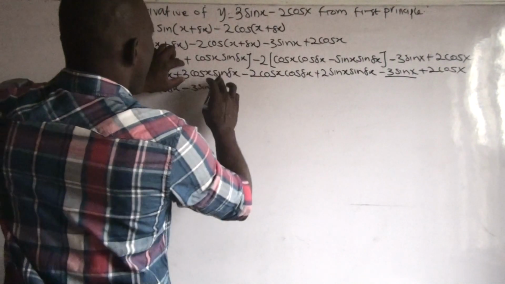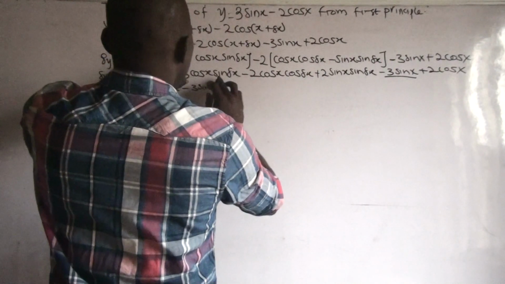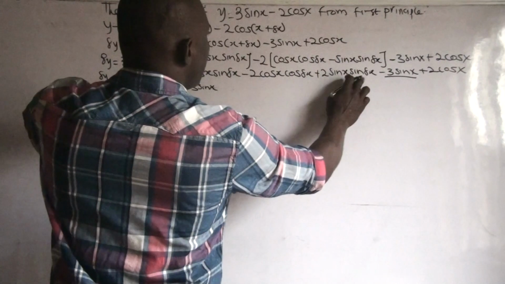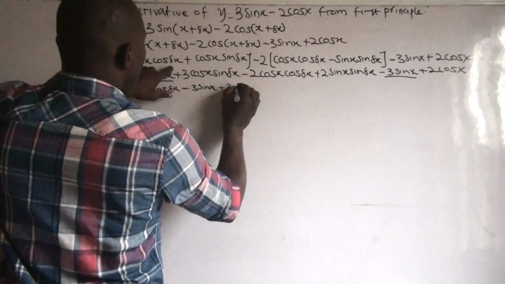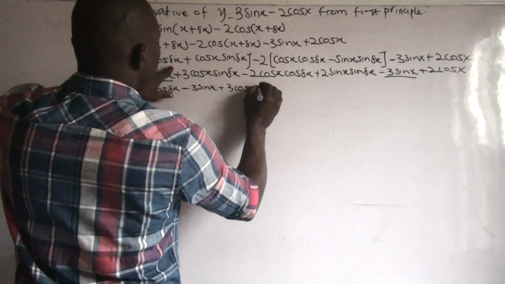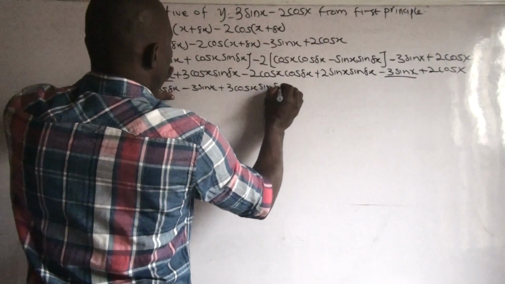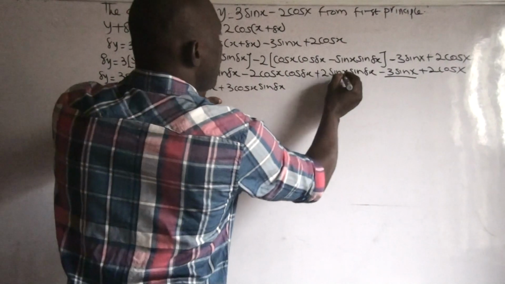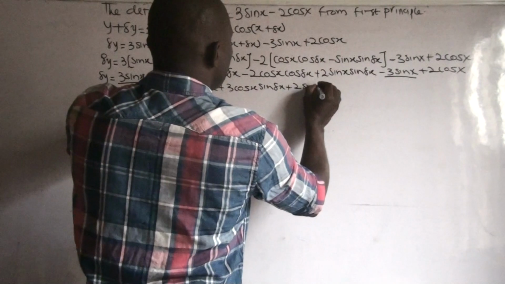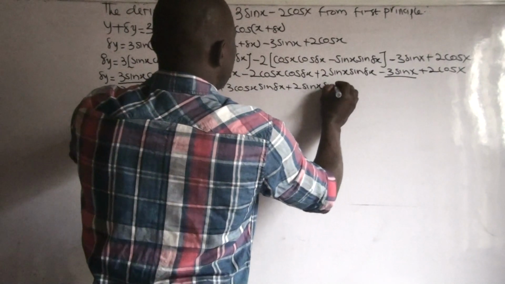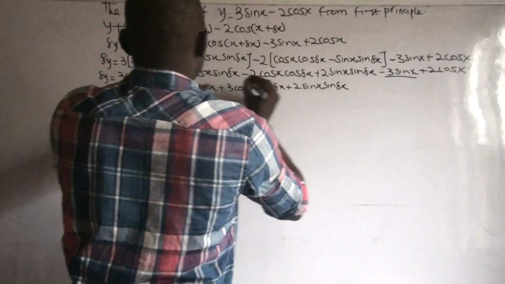Then let's look at where we have sin delta x. Here we have 3 cos x sin delta x, and here we have plus 2 sin x sin delta x.